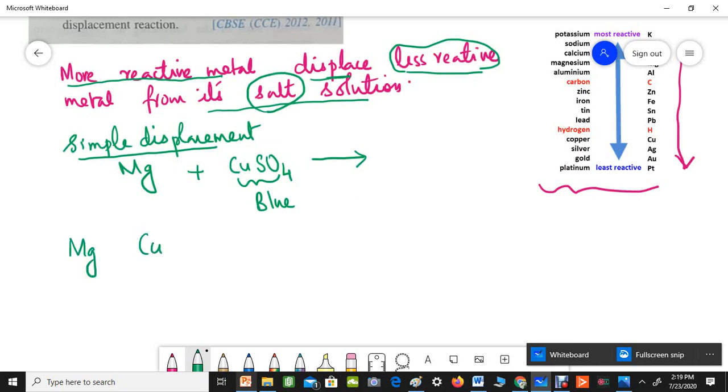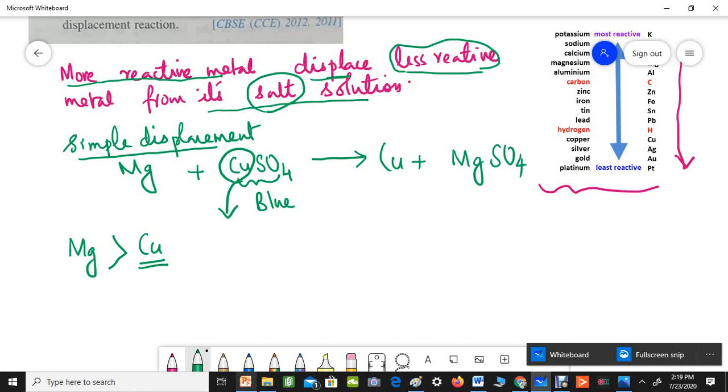And when you look at the reactivity series, you can understand that magnesium is more reactive than copper, which means that magnesium can displace copper from the copper sulfate solution. So copper will be displaced from the solution. The remaining part is MgSO4. Alright, so this is the simple displacement reaction between magnesium and copper sulfate.